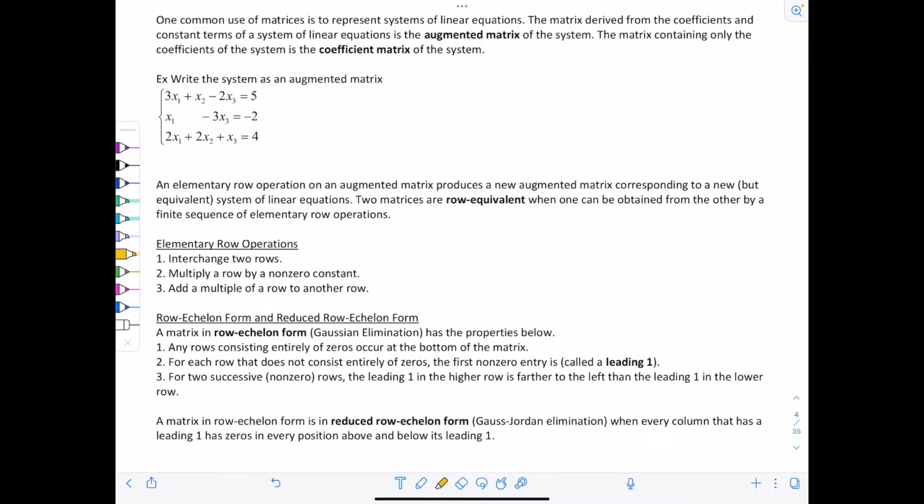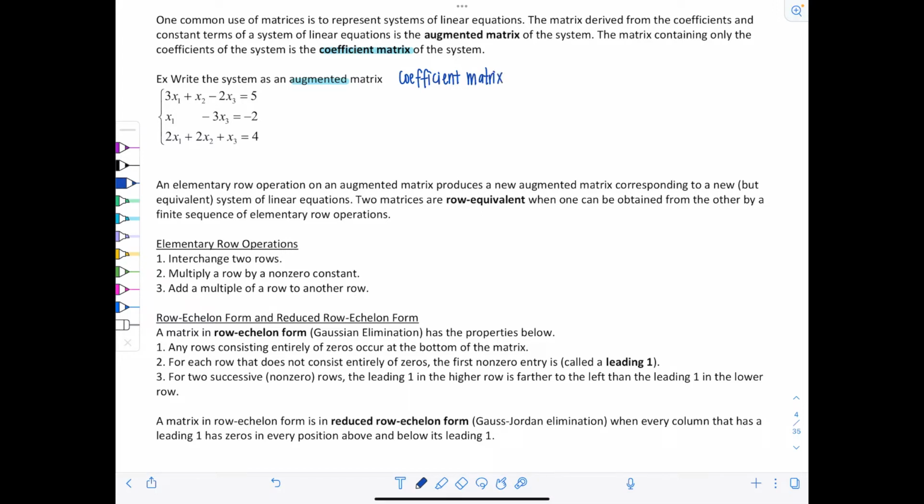So let's look here at this system of equations. Notice we have 3 equations and 3 variables, and they want us to write an augmented matrix. First I'm going to write out the coefficient matrix, just so you can see the difference. The coefficient matrix would only include the left-hand side of all of the equations in the system.